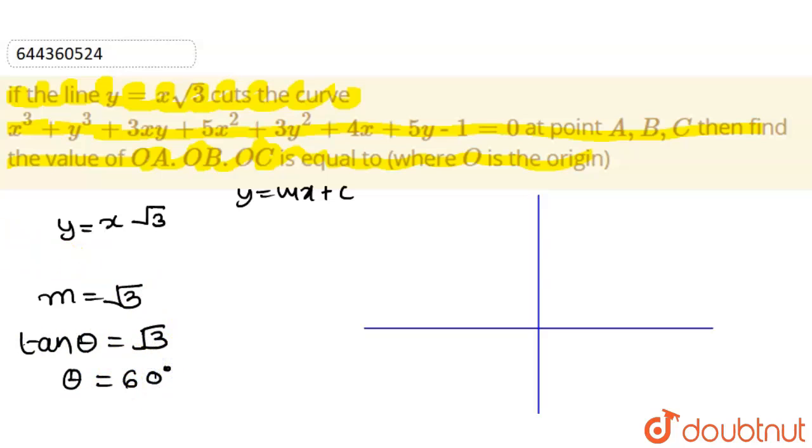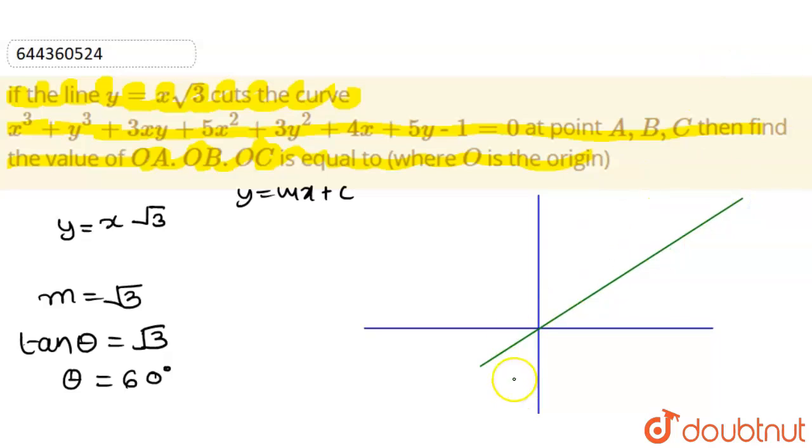So now we know that the line has an angle of 60 degrees between the x-axis and the line itself. So we will make a line here with an angle of 60 degrees with the x-axis. Let's suppose this is our line.